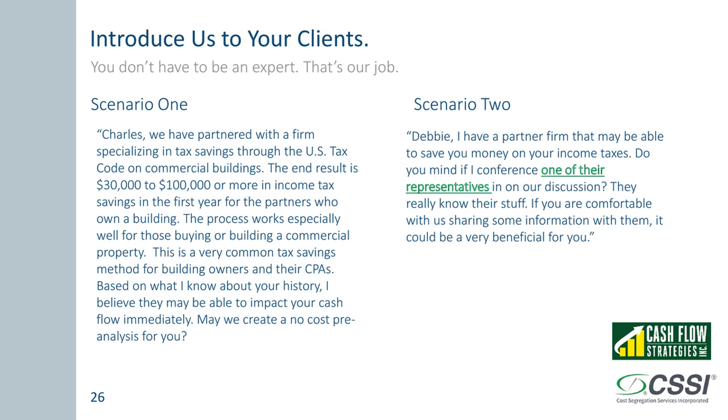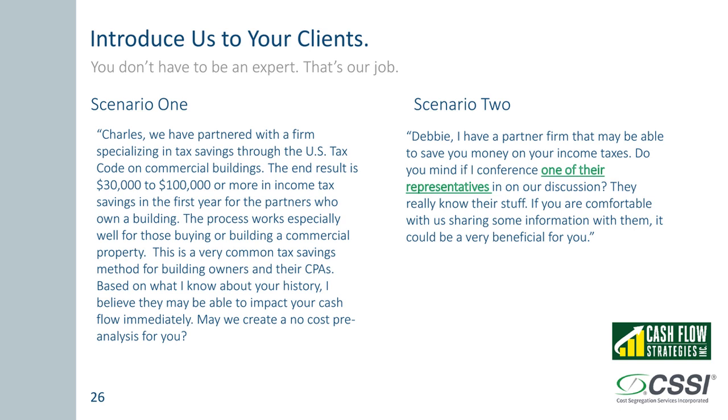I give you two different scenarios, but if you're talking to either someone who recently bought a building or someone who's looking at a building, you can say, Charles, we've partnered with a firm specializing in tax savings throughout the U.S. and through the U.S. tax code on commercial buildings.